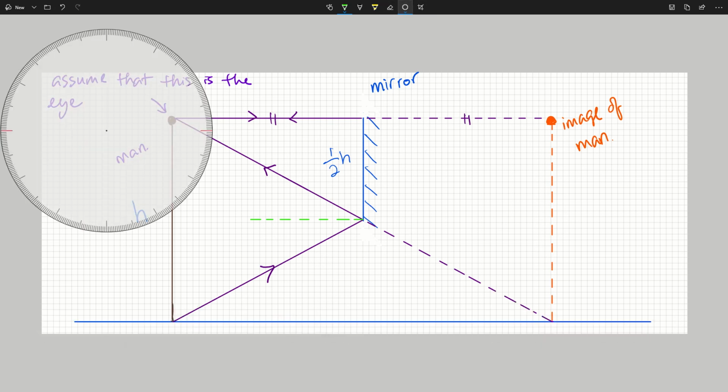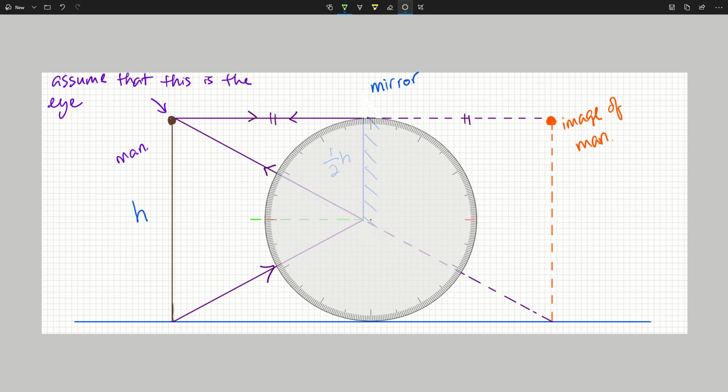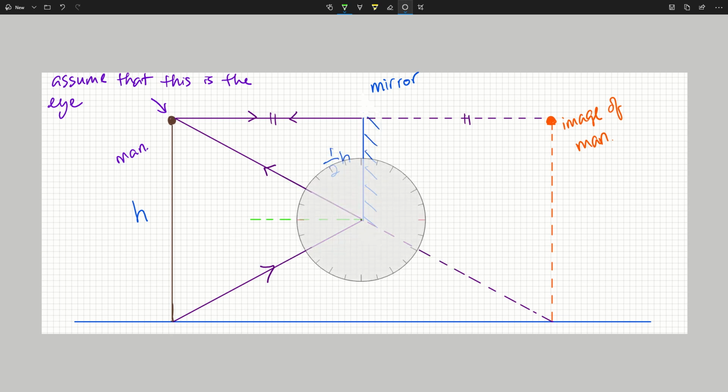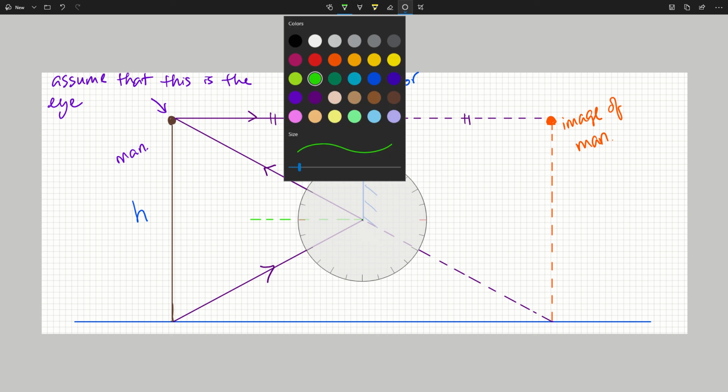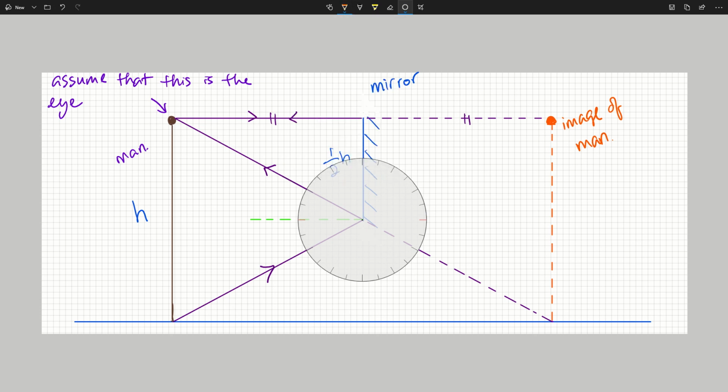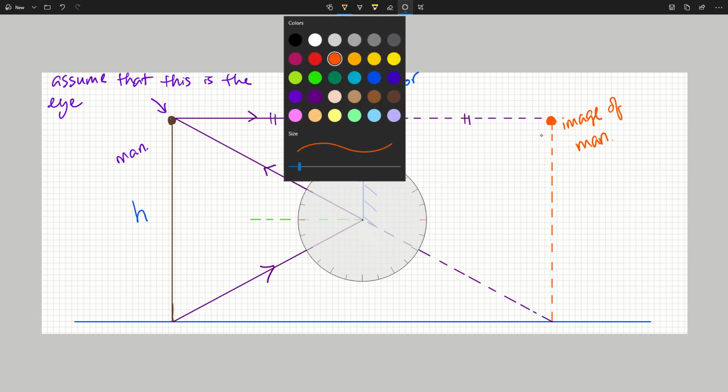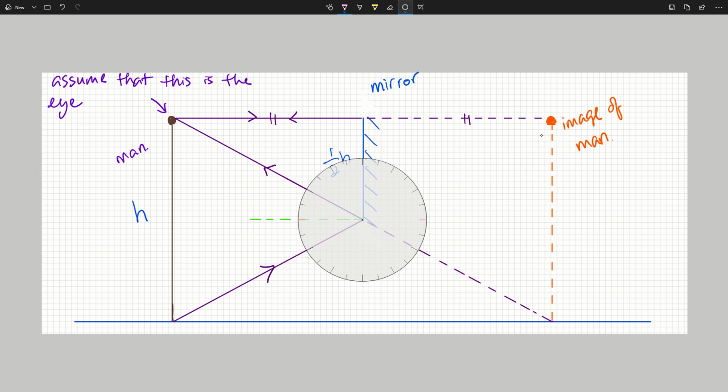So I'll just change this to protractor. I'll shrink it by a little bit. And I'll just draw the angle from the normal to the incident ray, as you can see, is about 29 degrees, about 30 degrees.